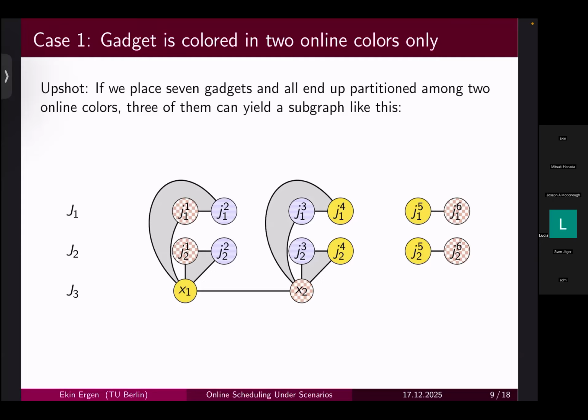In all of the 3 colors, J1, J2, and J3, that the algorithm is picking, there is a monochromatic edge of size 2, right? So look at the 6 vertices, J1,5, J1,6, J2,5, J2,6 on the right, and x1 and x2.